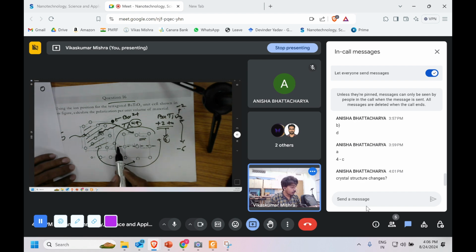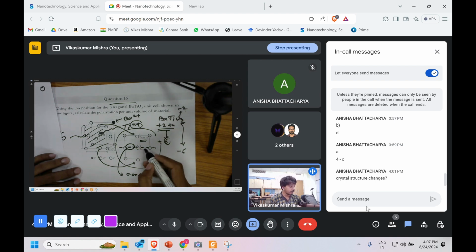Now this has shifted. Over here is a reference line, and it has shifted from this particular reference line which was going through the center. It has shifted by the amount of 0.006 nanometer, and it has shifted toward the upside.